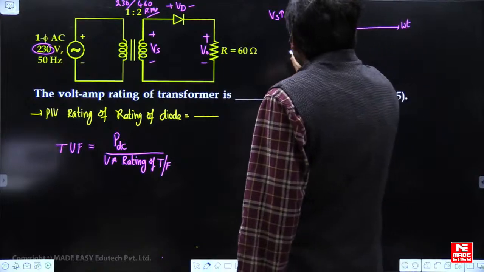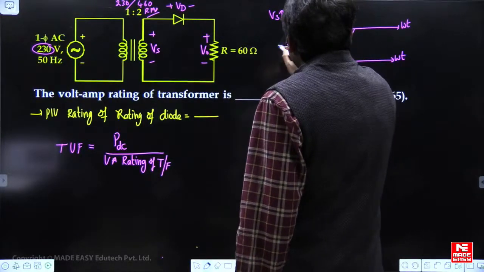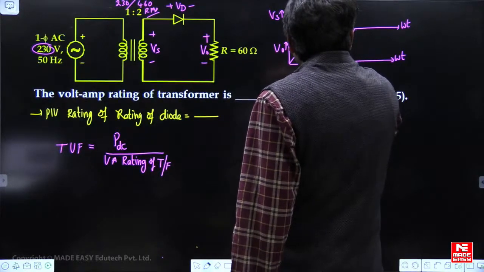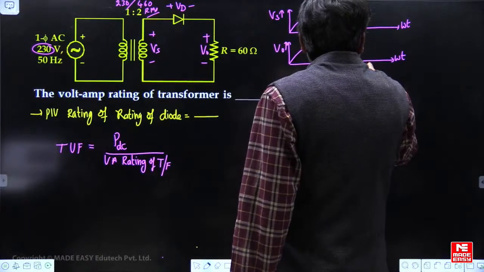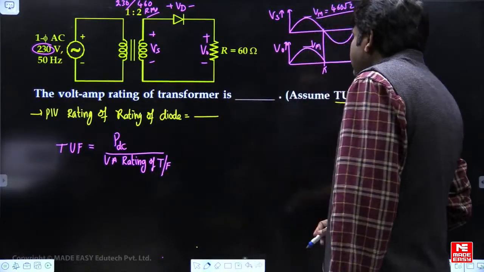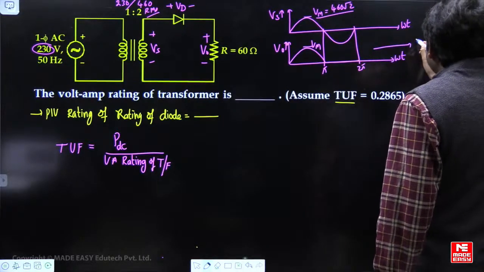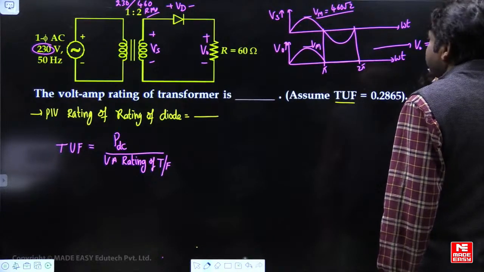Now let us draw the waveform for the output voltage here. It is a half wave rectifier with resistive load, so you will get only the half cycle here, and for the remaining half cycle you will get 0. This is Vm. The average voltage is Vm by pi, because it is a half wave rectifier.